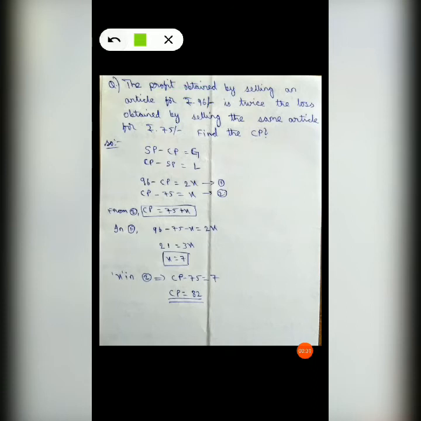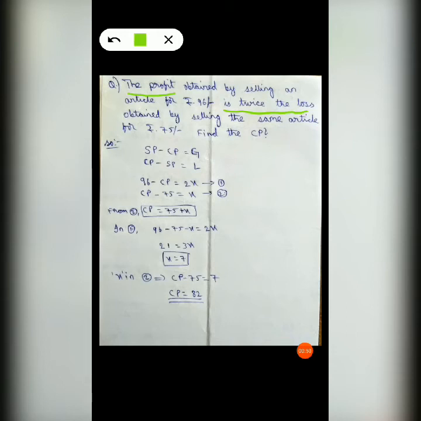Now what is the condition? The profit is twice the loss. Like this we have to read. The question will be confusing but we have to find a technique for how to read it.